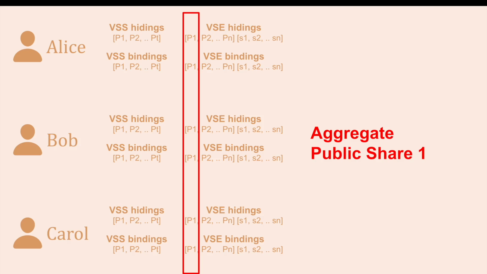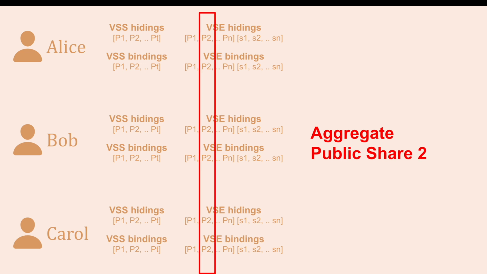And the sum of the second points in the VSC vectors, in the bindings and hidings, gives you Bob's public share, the public share of the second participant.